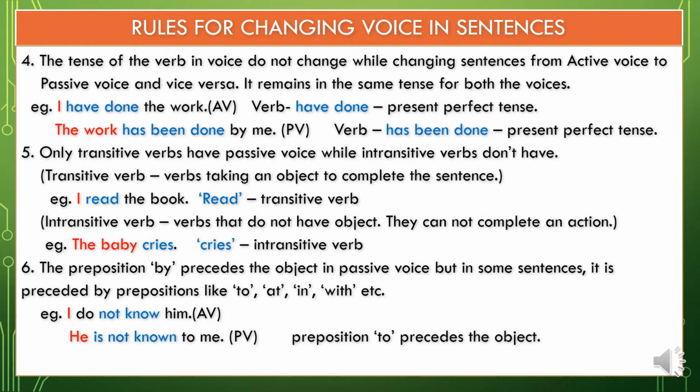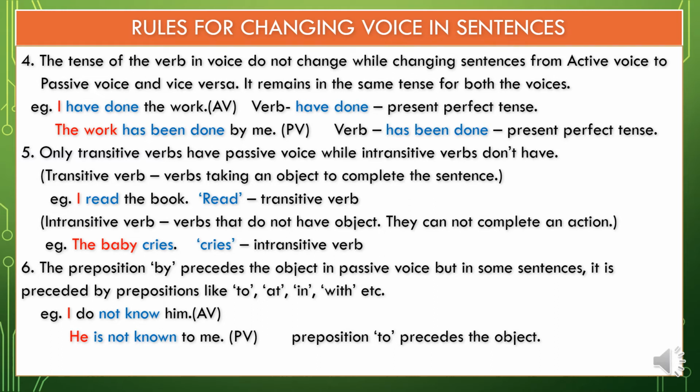For example, I read the book. Here, read is a transitive verb, because if I said I read, what did I read? So, the sentence will not denote the full meaning. So, the verb read takes the help of the object to denote a full meaning, and only this verb can be changed into passive voice.